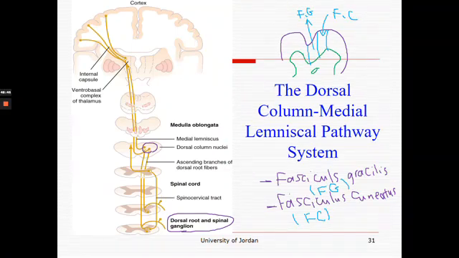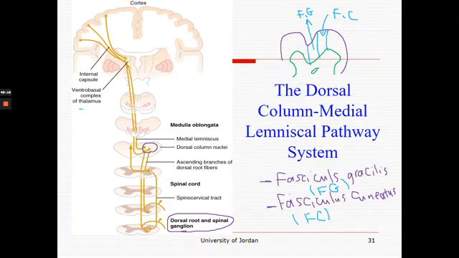In the medulla we have the cuneatus nucleus and the gracilis nucleus. The fasciculus gracilis synapses at the gracilis nucleus. And the second order neuron crosses the midline in the medulla oblongata and ascends as the medial lemniscus, and they go to the thalamus.